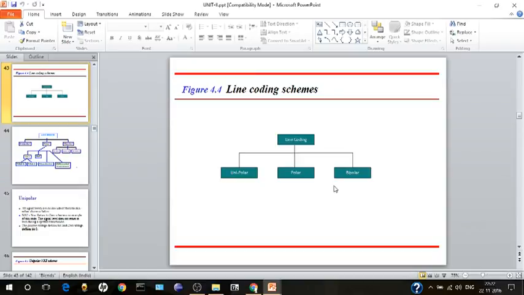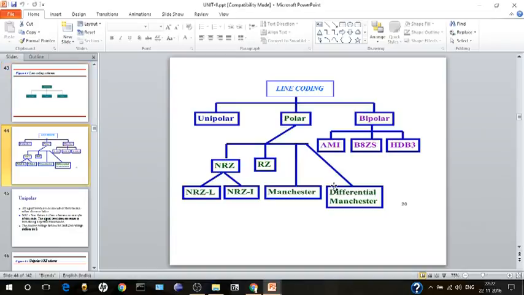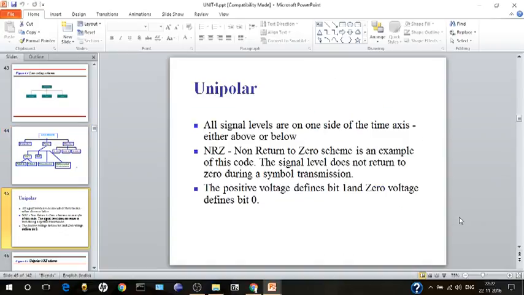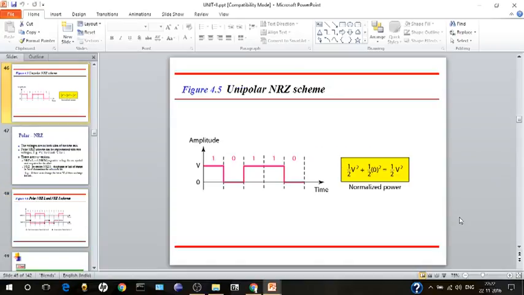Line coding is a bit lengthy subject, so this is the structure of line coding. You can see it has different topics. Don't worry about them, I'm gonna cover them in an easier manner. Now coming to unipolar, all signals are on one side of the time axis. As you can see in the graph, you have amplitude and time.